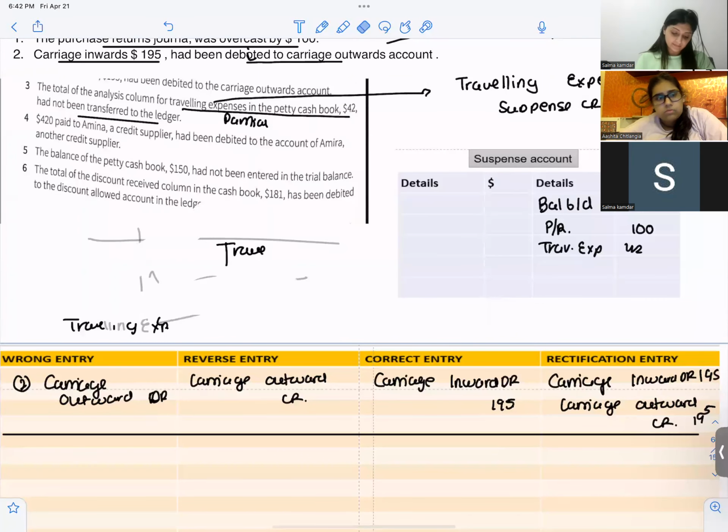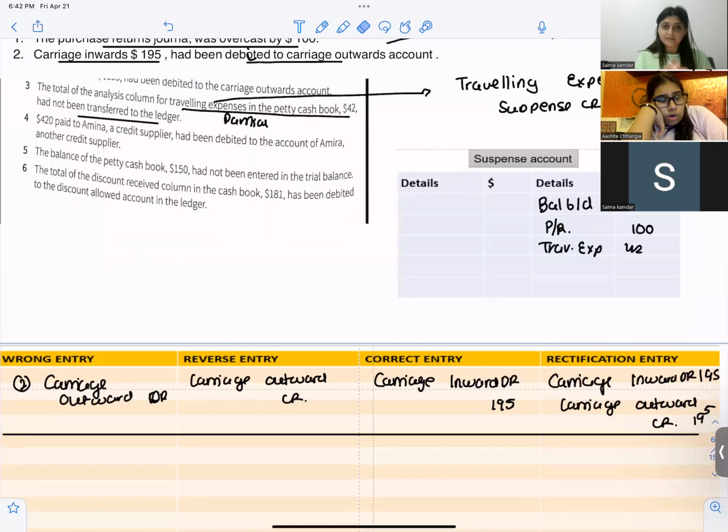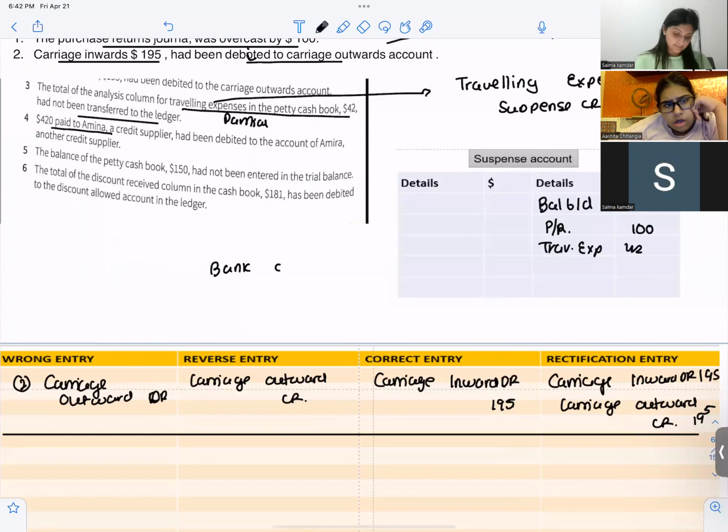Next one, read. $420 paid to Amina, a credit supplier, had been debited to the account of Amira, another credit supplier. So 420 paid to Amina: bank would be credited and Amina debited. That's the correct entry.